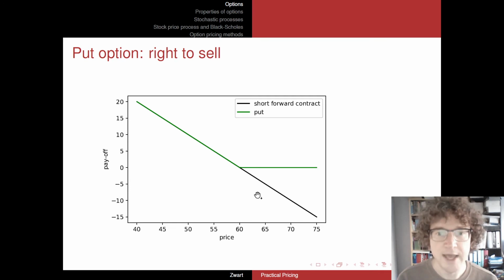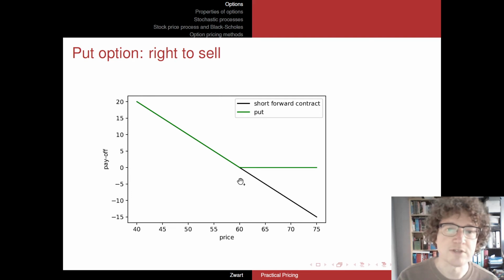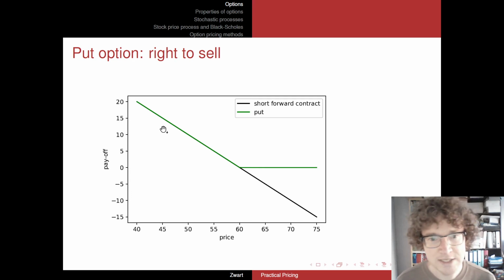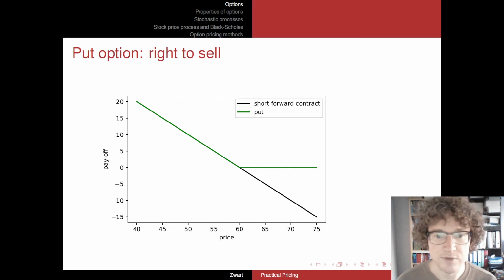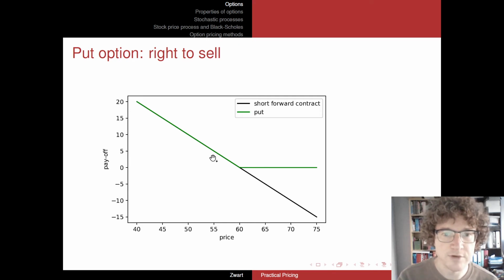A put option again gives me the right to sell to you. So I'm going to use that right only if it's going to be valuable for me to use it. So whenever this stock is worth less than 60 euros, I'm going to be very willing to sell this stock to you for this price of 60 euros, making a profit. Well, again, if this stock is worth 55, I make this 5 euros profit.